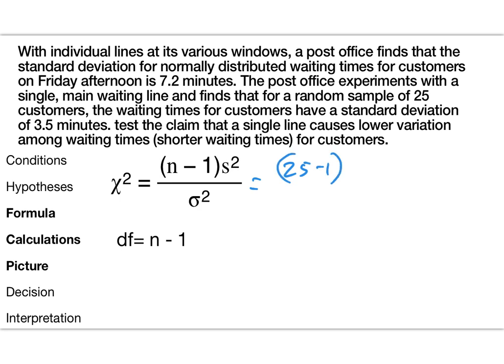which is degrees of freedom. Amazingly enough, it shows up in the equation. That's on purpose. It's all part of the plan. 3.5 squared over variance, which is 7.2 squared. Take a moment, grab your calculators, find that number for me.